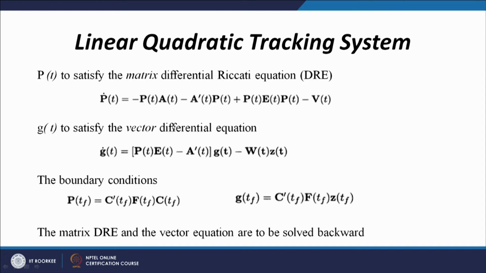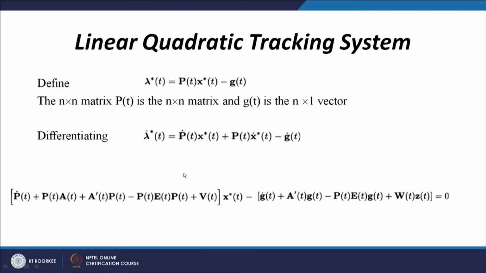So, this means if I write this as 0, my p dot t is minus p t a t minus a prime t p t plus p t e t p t minus v t. This equation is nothing but the coefficient of x t equal to 0.